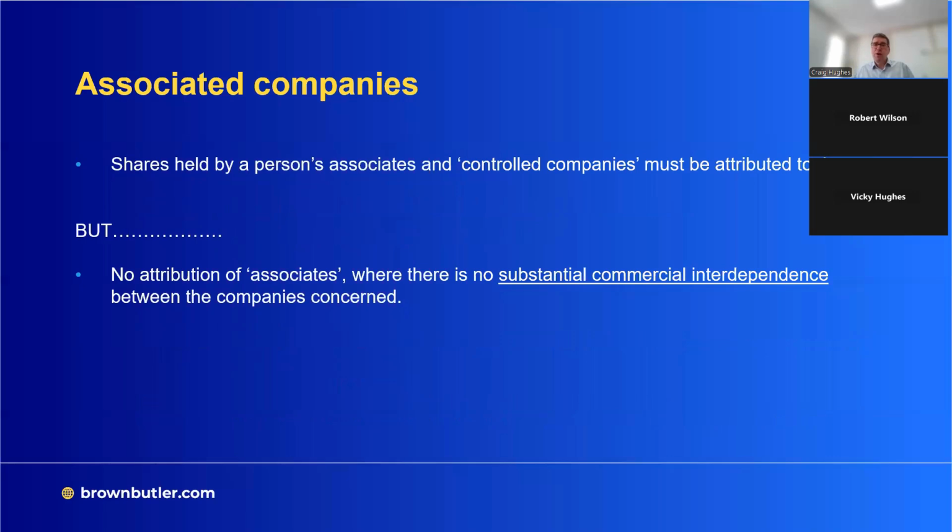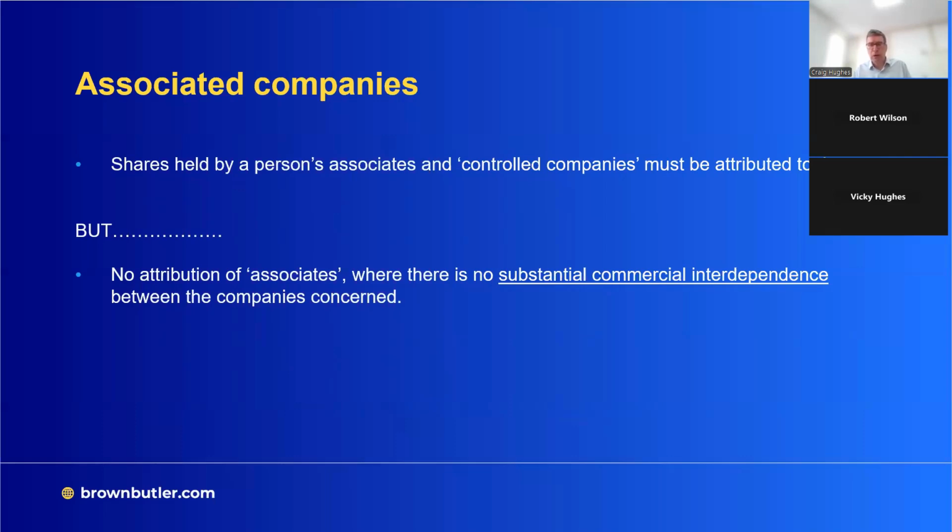Now, an important point around associated companies is this concept of bringing in or looking at that shareholders' associates when assessing whether somebody controls a company. So typically this is relatives, but you only have to include the shareholdings of associates if there is substantial commercial interdependence between the companies.